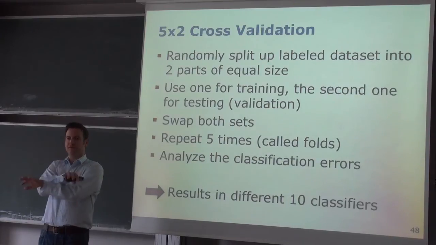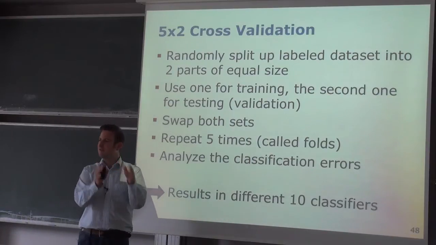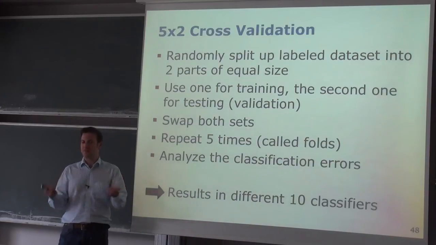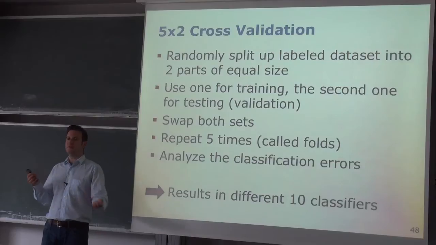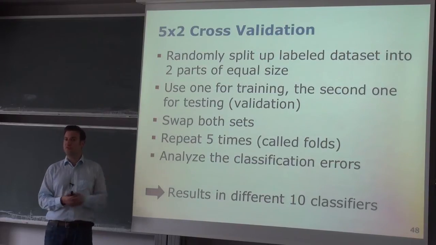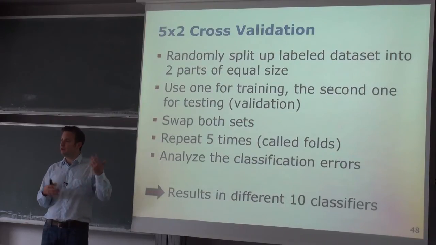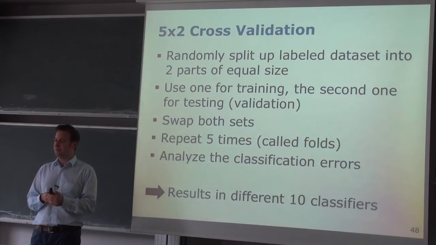And then I swap both of them. I learn on the second data set and evaluate on the first data set. And I repeat this process 5 times. Then I basically learn 10 different classifiers and evaluate how well they perform with the techniques we discussed on Tuesday, to see if this classifier performs well enough for my application.